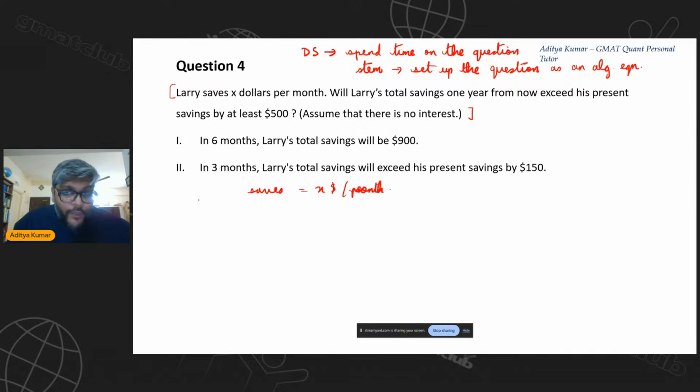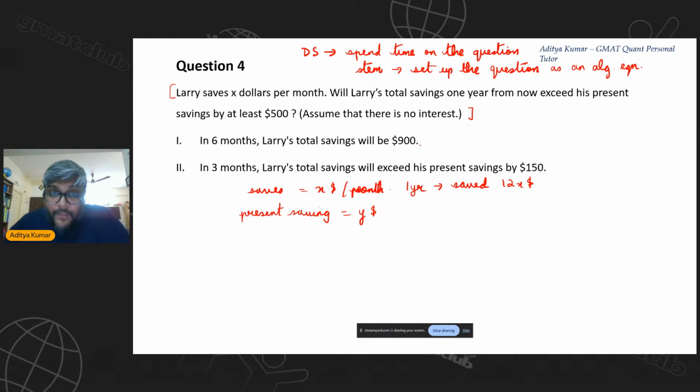So I know for sure he has some present savings. So let me define that as some variable. Let me say the present savings is Y dollars. And what is he doing? He is saving X dollars per month. And the question asks me, will Larry's total savings 1 year from now, so if he's saving X dollars per month for 1 year, he would have saved 12X dollars.